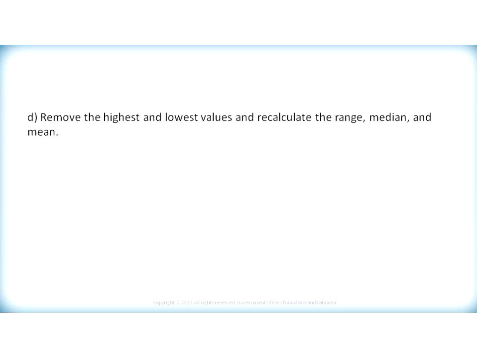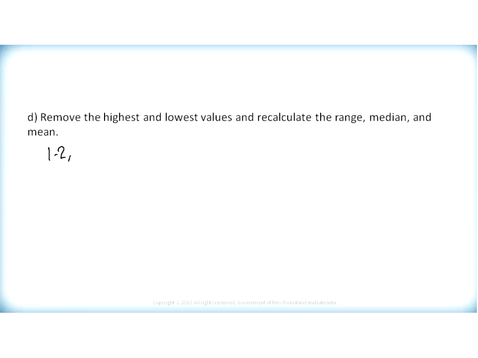Okay, so remove the highest and lowest values and recalculate the range, median, and mean. So if I remove the highest and lowest values, now my lowest value is going to be 1.2.